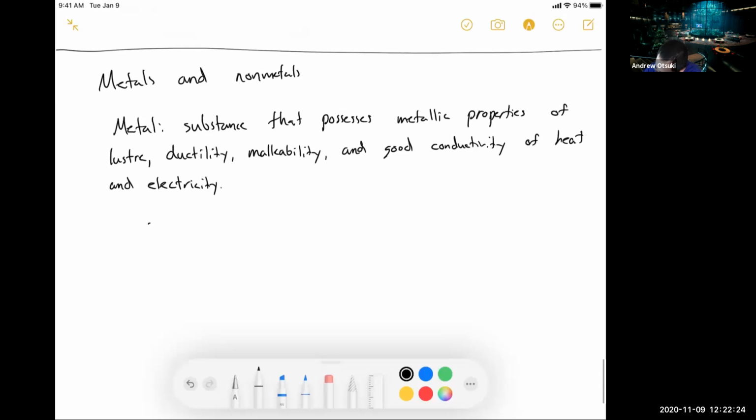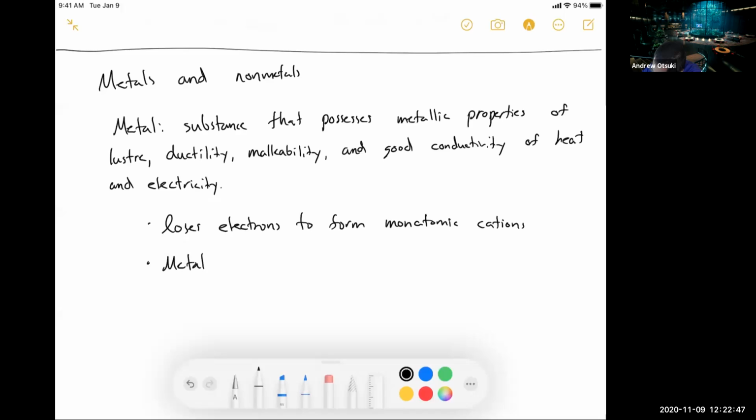So things about metals: they lose electrons to form monatomic, so one-atom, ions. We call those ions cations because they're positively charged.